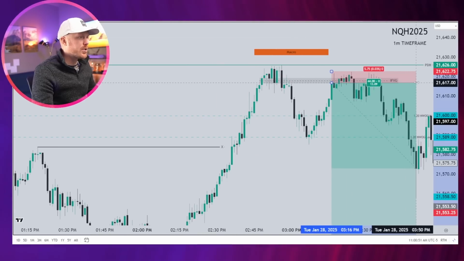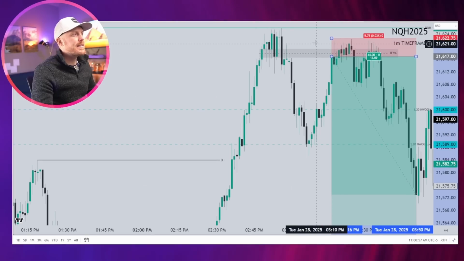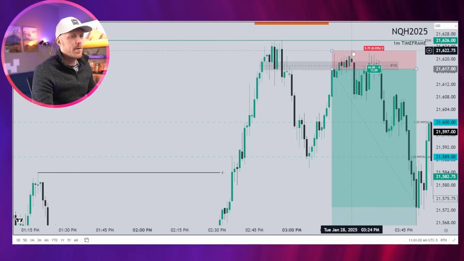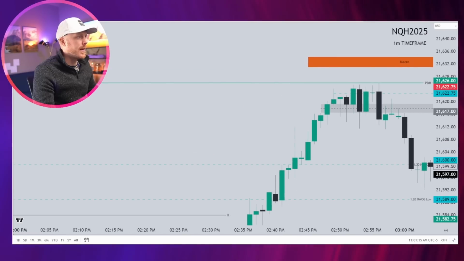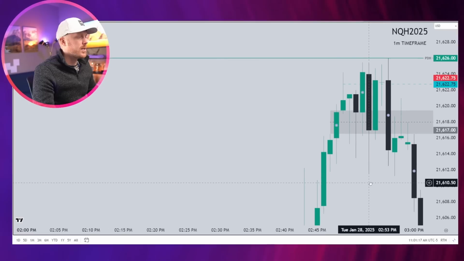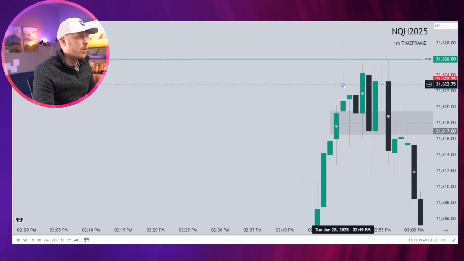And he held this move as it moved lower, and it came within a tick of where his stop loss was. Now, here is where he set his stop loss: at the midpoint of just above the consequent encroachment of this wick right there. If I zoom in, that is where he set his stop loss, right at that level.